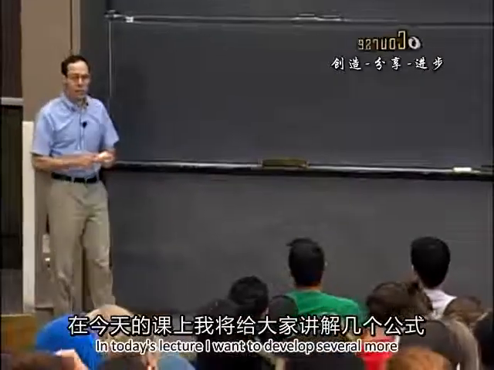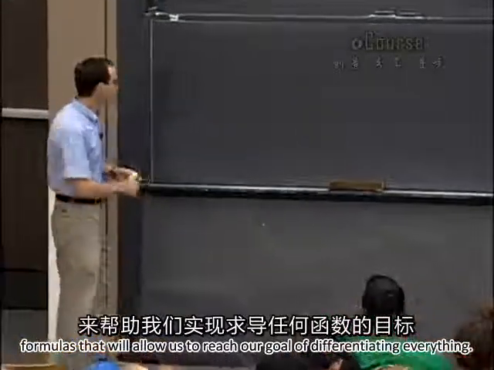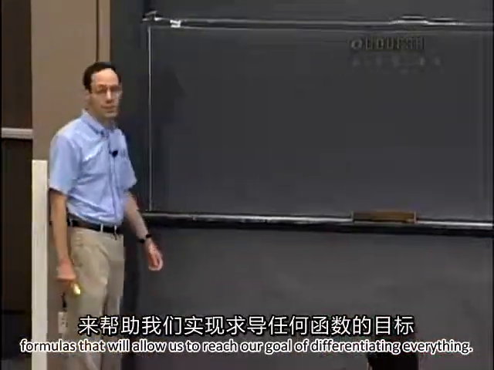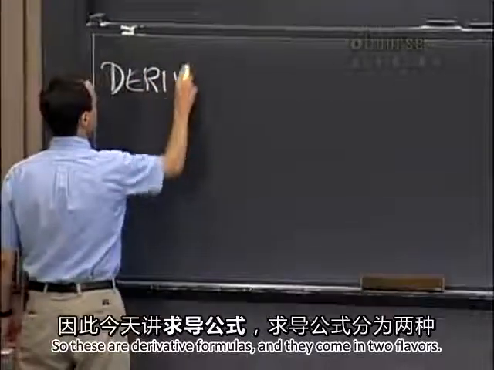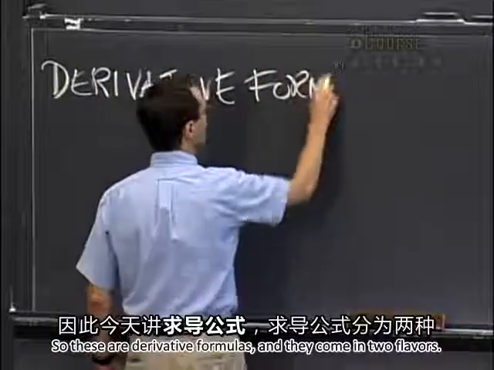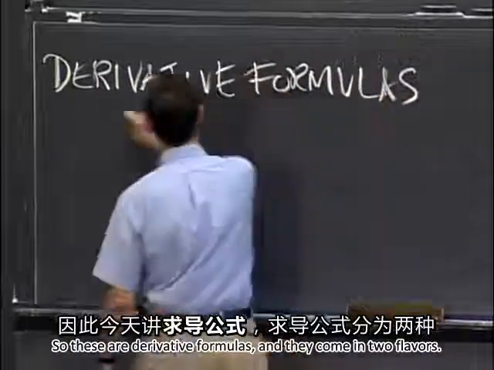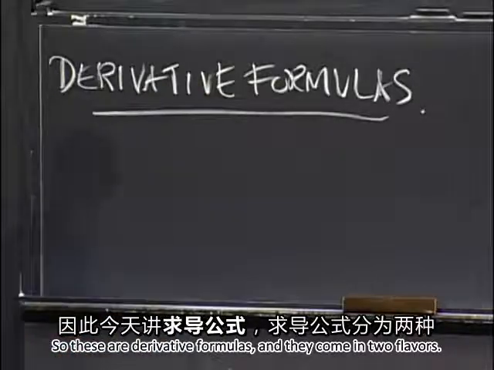In today's lecture, I want to develop several more formulas that will allow us to reach our goal of differentiating everything. So these are derivative formulas. And they come in two flavors.